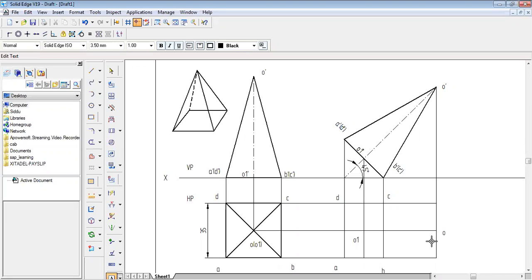So under the rules of visibility, we will identify all the outermost boundary points and connect them with a continuous thick line. So A is the outermost point, D is outermost, C is outermost, O is also outermost, and B is outermost. So now let us connect them with the thick line.